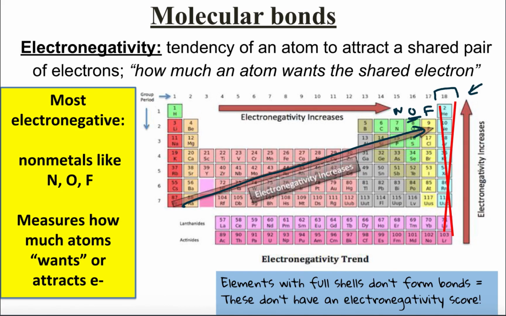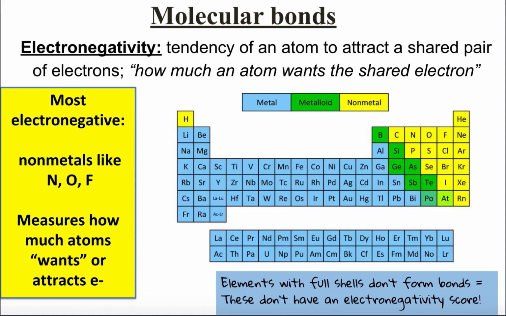So if you see oxygen, that's a super electronegative atom. Okay? So just keep that in mind. Also, you may not realize this, but the right side of your table is essentially nonmetals, and the left side is metals.